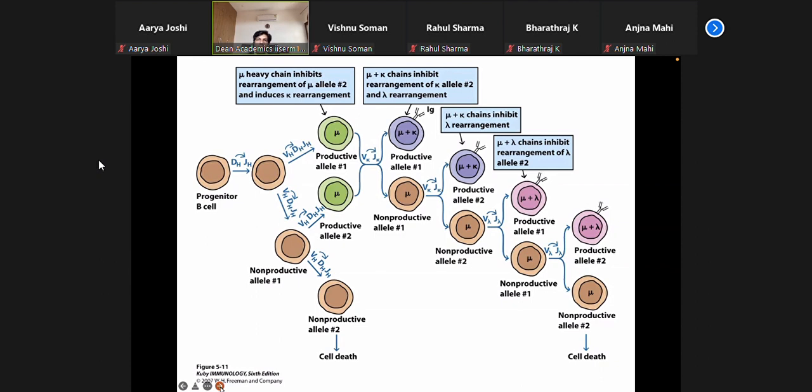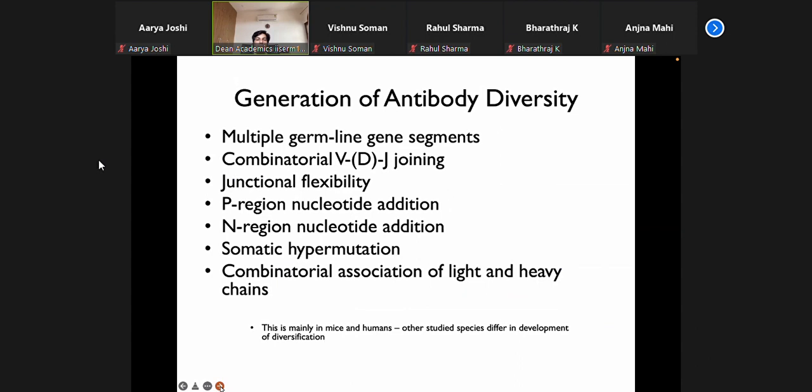So allelic exclusion, as the name suggests, you have to exclude the other allele, and you exclude only when you have achieved a successful rearrangement on one of these alleles. Then the second is excluded. This is what allelic exclusion means.